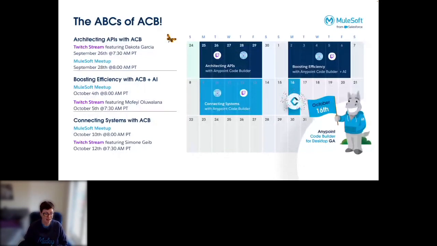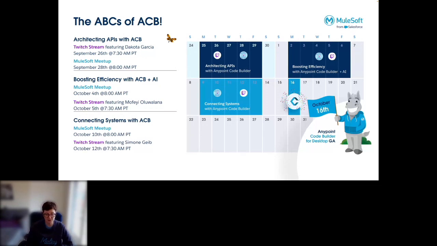So again, to recap, this was the third session in the ABCs of ACB. The first one focused on architecting APIs, the second one on boosting efficiency with ACB and AI, and the third one on connecting systems. I'm sure Manik shared the recordings for the first two, and he will in future share the recording of this session as well.